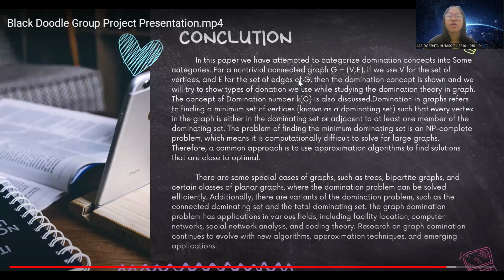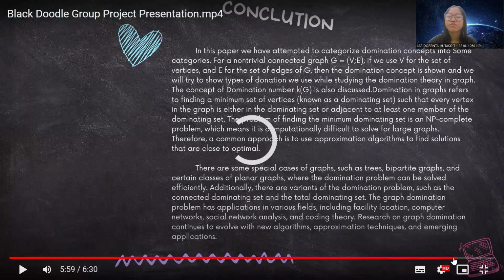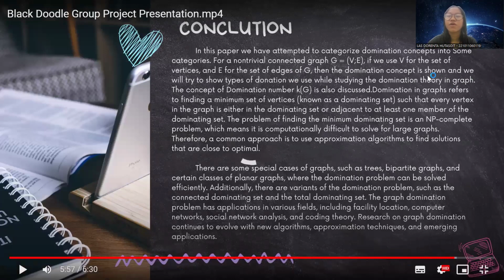For a non-trivial connected graph G equals (V, E), if we use V for the set of vertices and E for the set of edges of G, then the domination concept is sound, and we will try to show the types of domination we use while studying the domination theory in graphs. The concept of domination number γ(G) is also discussed.